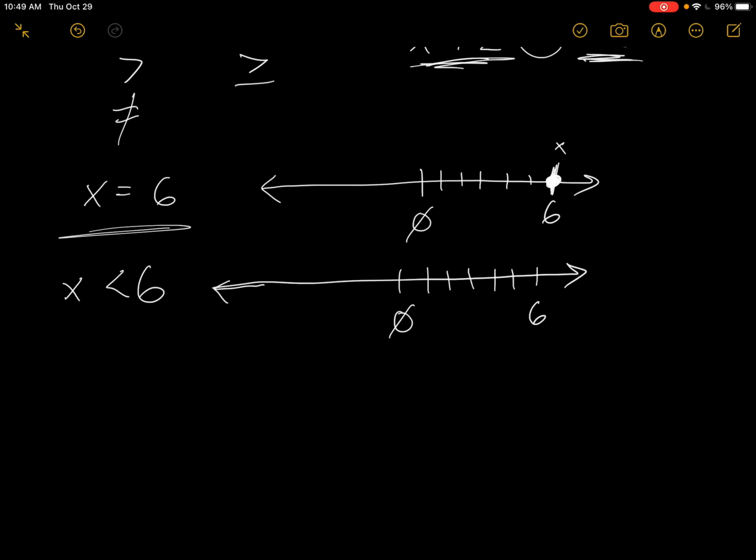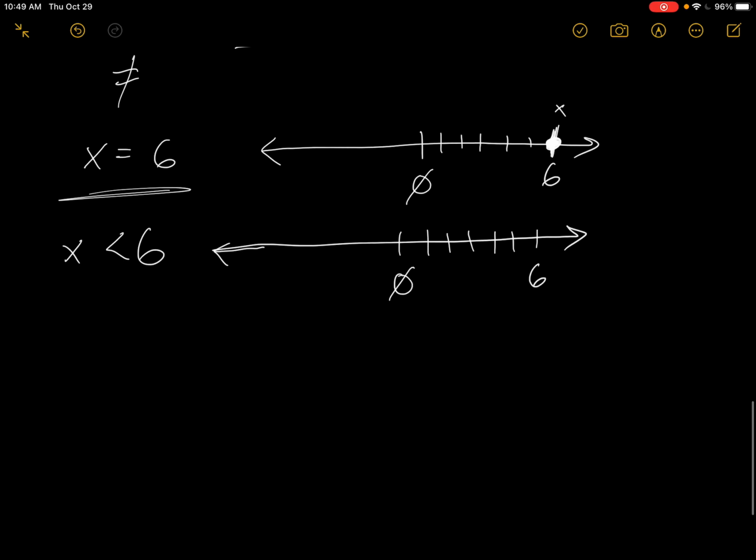So the way I'm going to draw that is, actually I'm going to say less than or equal to first. First of all, I'm going to draw my point at 6, because remember, x equals 6 means I put a point at 6. I have a less than or equal to, so it can be equal to 6 or it can be less than.